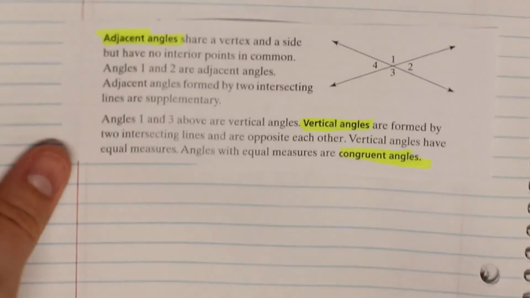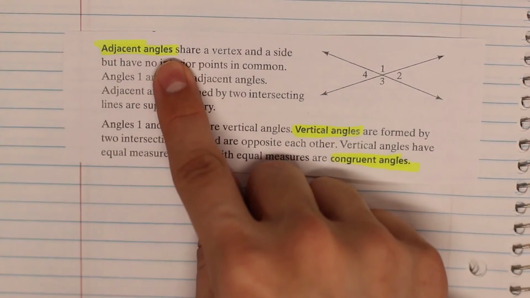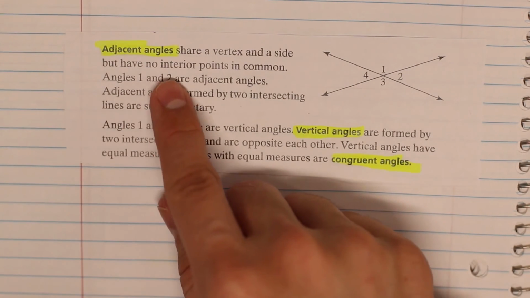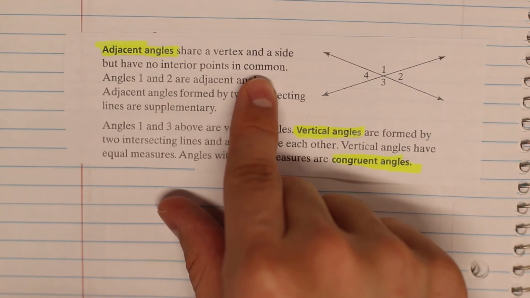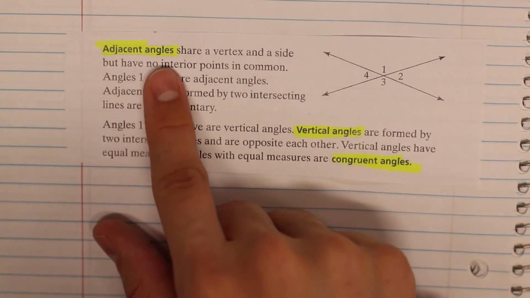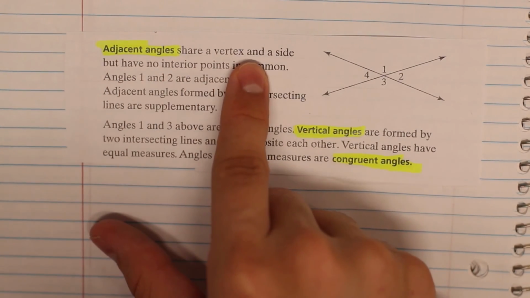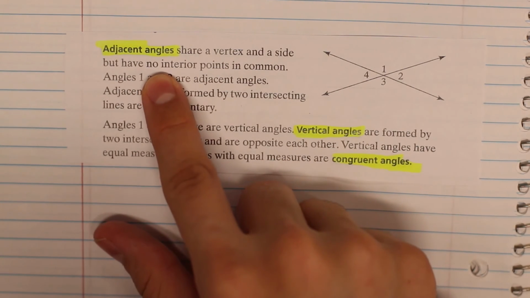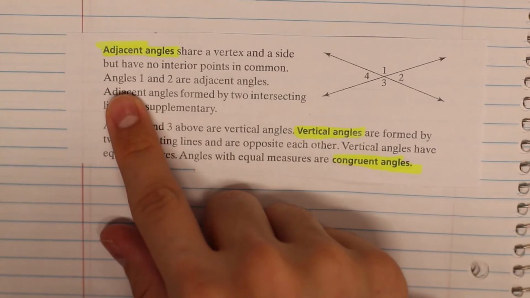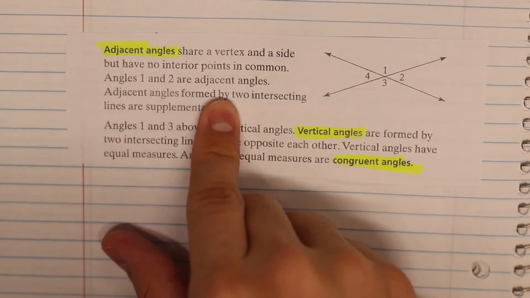All right, we got one more part. Adjacent angles share a vertex and a side, but have no interior points in common. Angles 1 and 2 are adjacent.